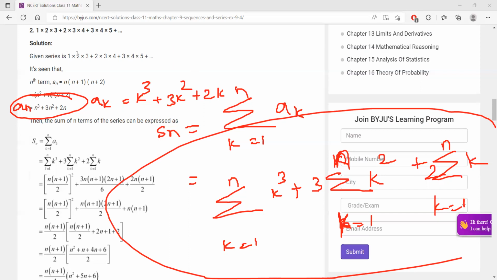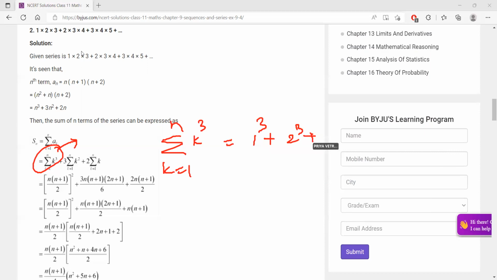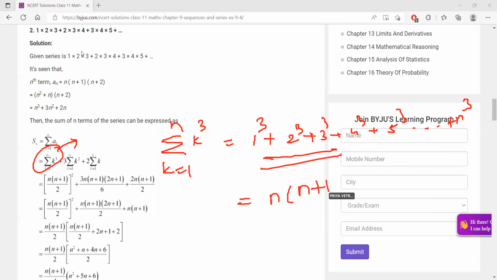No. So look at the k cube. This is sum of cube terms. So when you substitute k as 1, you will have 1 cube. When you substitute 2, you will have 2 cube, 3 cube, 4 cube, 5 cube, like that it goes up to n cube. So what is the simplification of this? You do have a general form, which is n into n plus 1 by 2 the whole square.